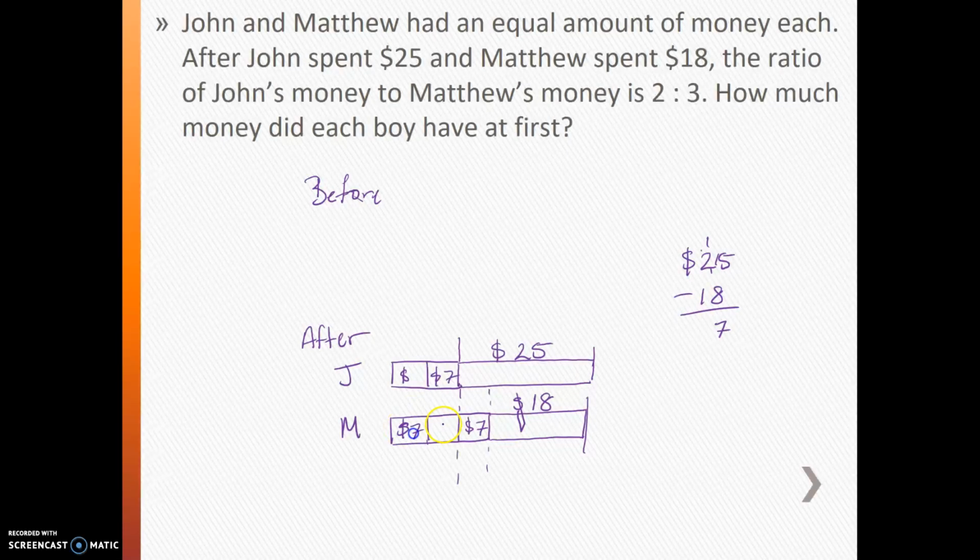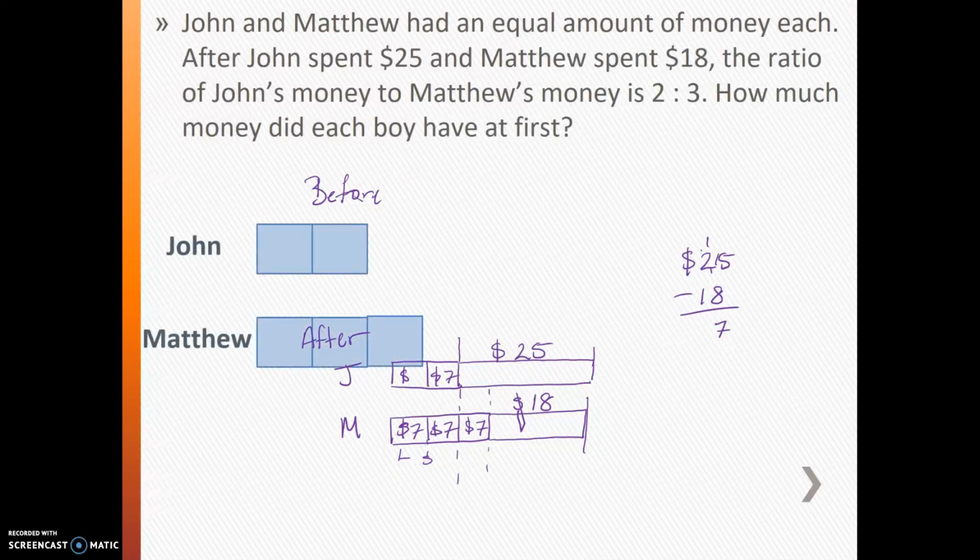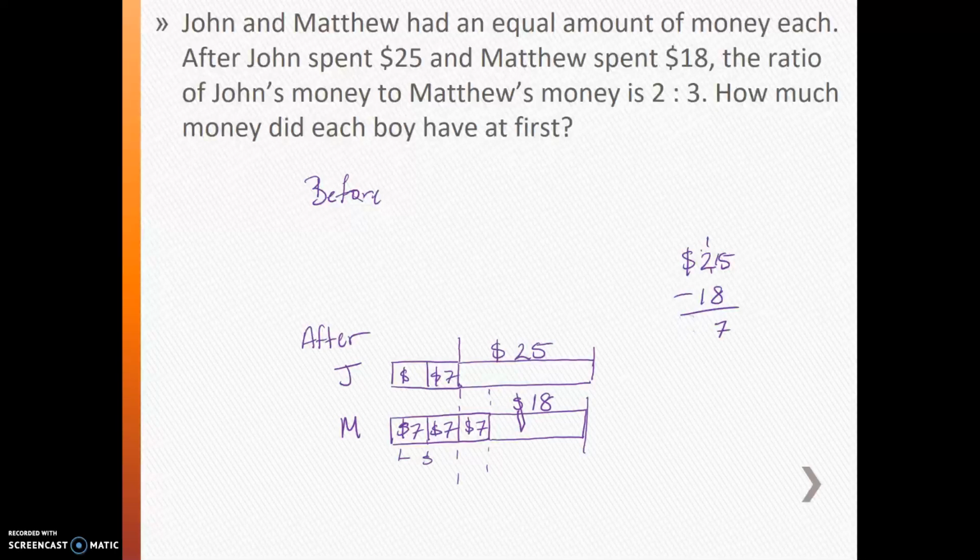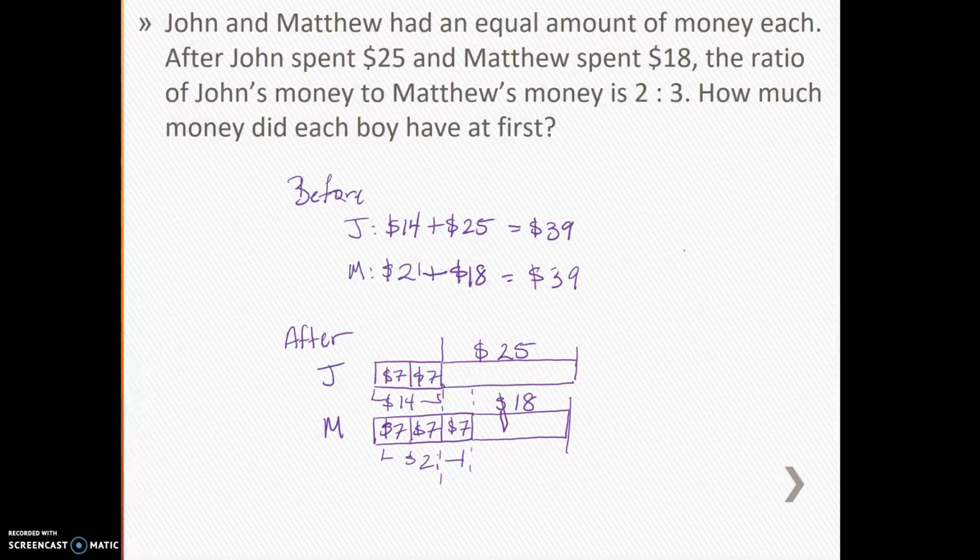So if we fill all that in, then Matthew had $21 after, and John had $14 after, right? Okay, so if John had 2 units after, that meant that he had $14.